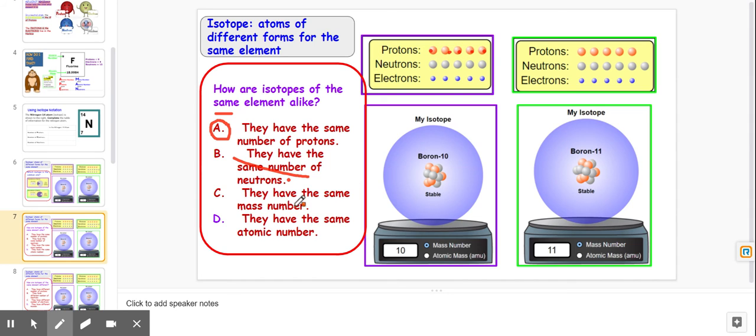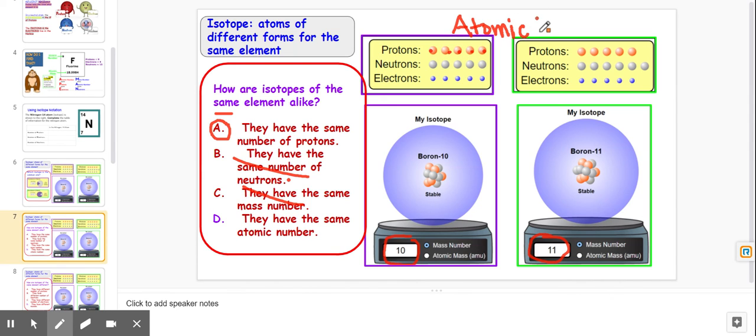That's how they're different. They have the same mass number? 10, 11. No, if they have a different number of neutrons, they have a different mass number. Don't select that one. They have the same atomic number. Remember, atomic number equals proton number.